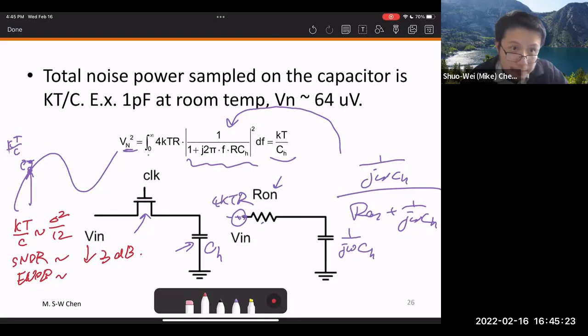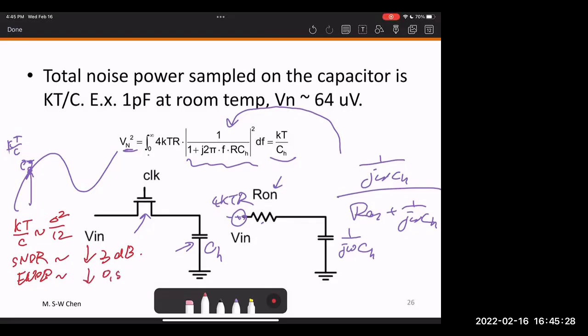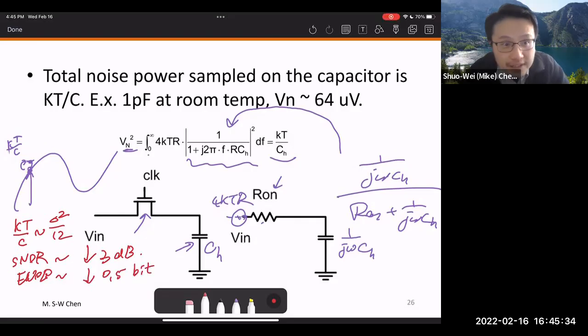So 0.5 bits, right? So this goes down by half a bit. For that reason, you remember I mentioned in real life, it's impossible for you to get the SNR to be equal to SQNR.